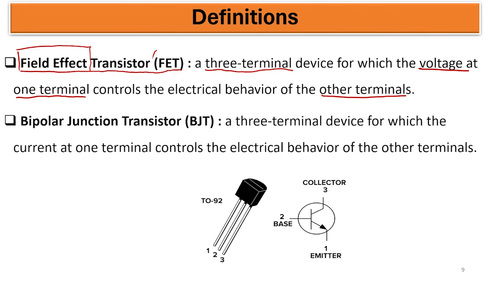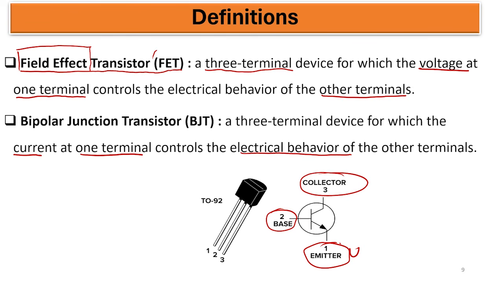Let's say if we control voltage at the emitter, it is going to alter the behavior of the base and the collector. Or if we alter current on one of the terminals to control the electrical behavior on the others, it becomes a bipolar junction transistor, BJT.